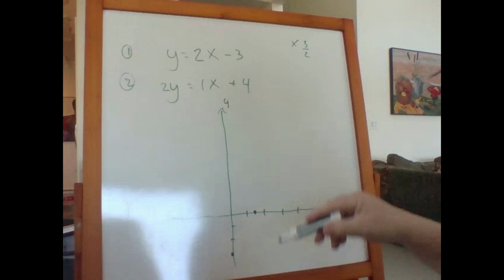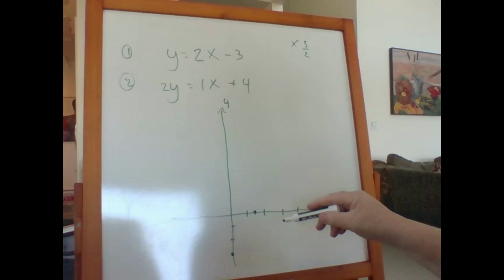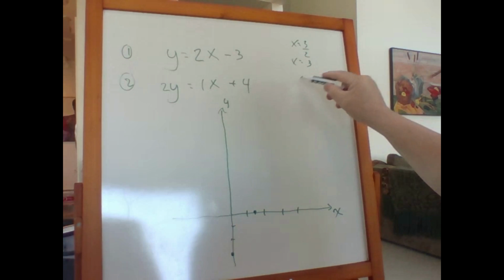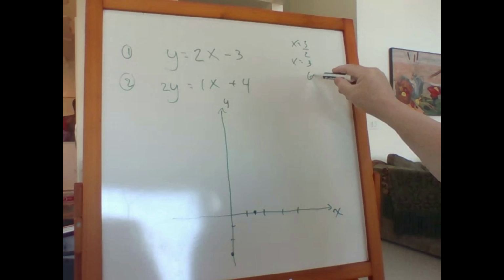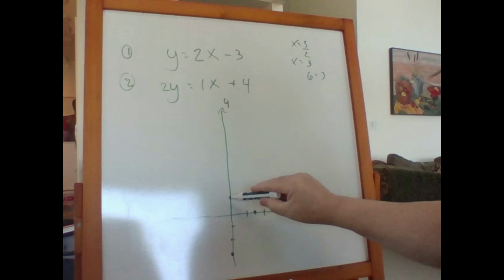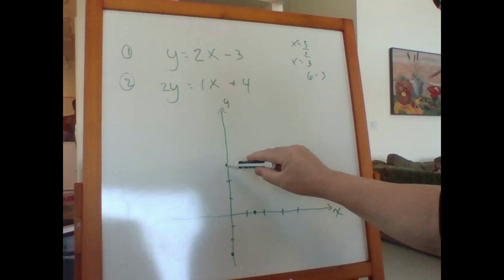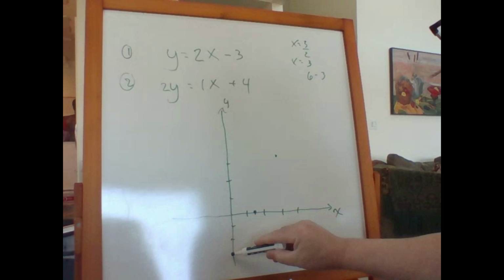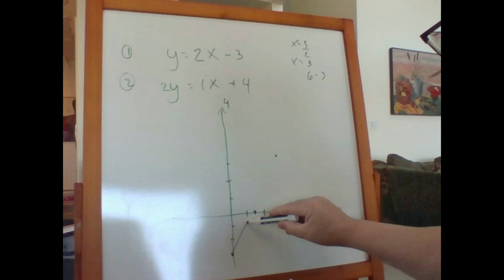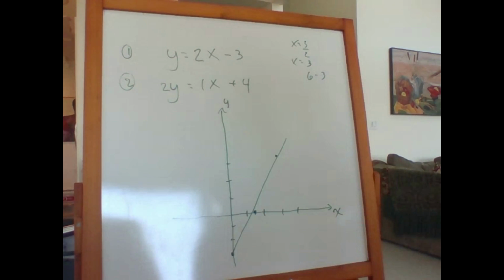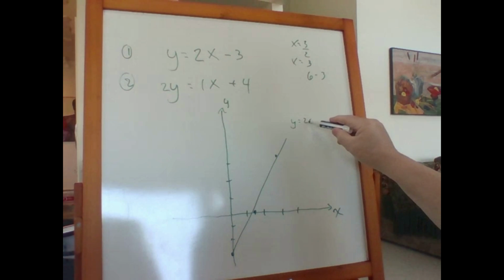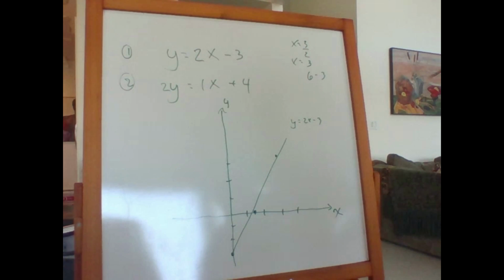All right, let's say x is 3. So we get 6 minus 3, which is 3. So we go up 1, 2, 3, and we have a line that goes like this. And that's our y equals 2x minus 3.